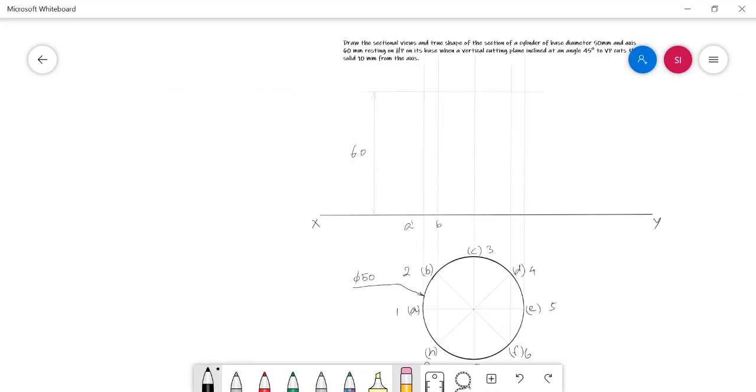Starting from A dash, B dash, C dash, D dash, E dash, F dash, G dash and finally H dash. I marked them. And now the face points: 1 dash, 2 dash, 3 dash, 4 dash, 5 dash, 6 dash, 7 dash, and 8 dash.